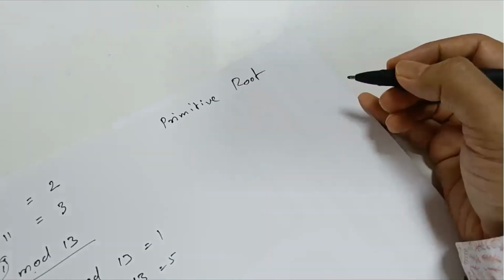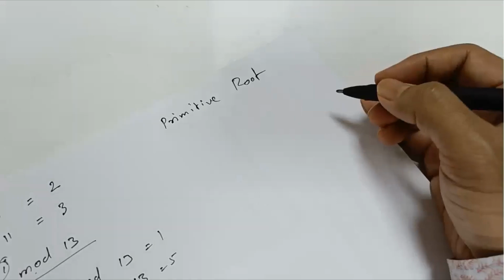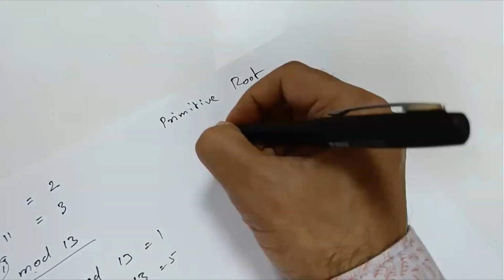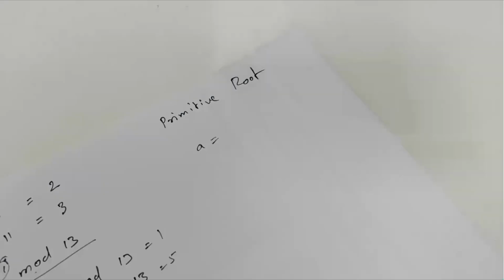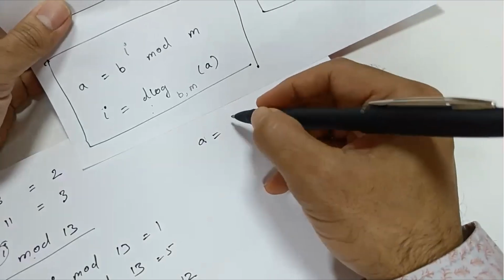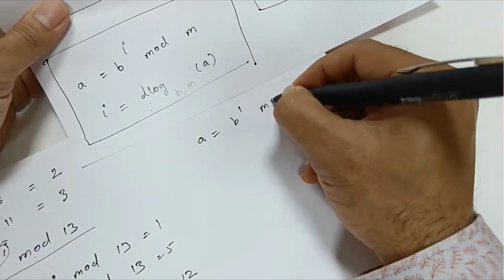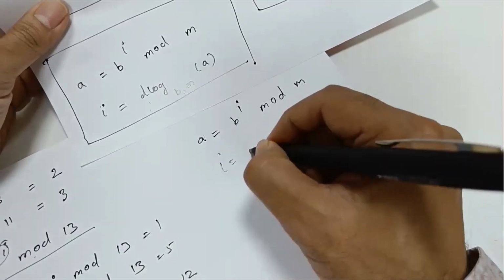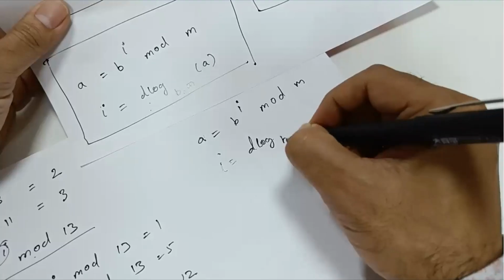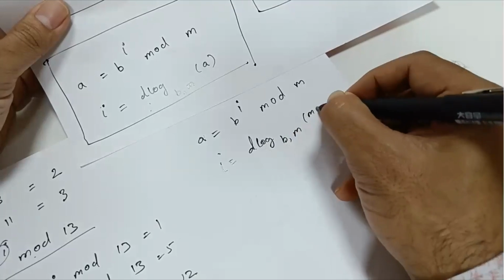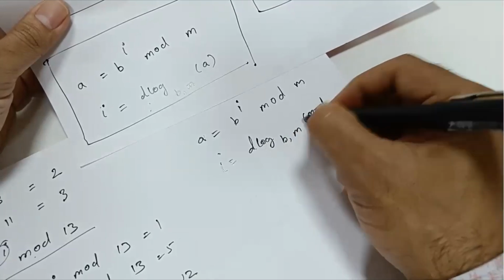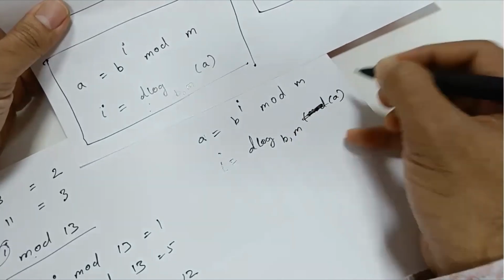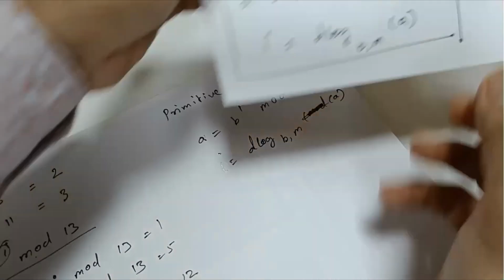Now, what is this primitive root? The definition of the primitive root is, let's say we have a equal to b raised to i mod n.